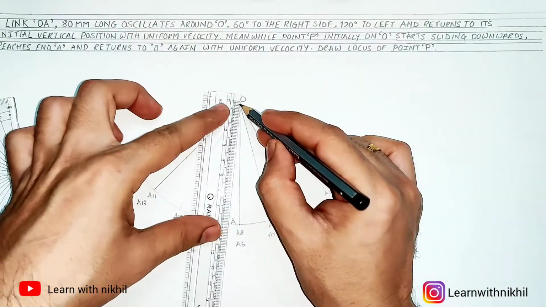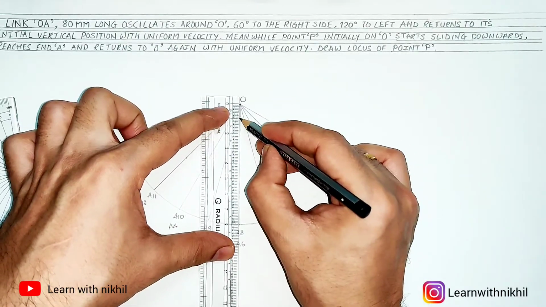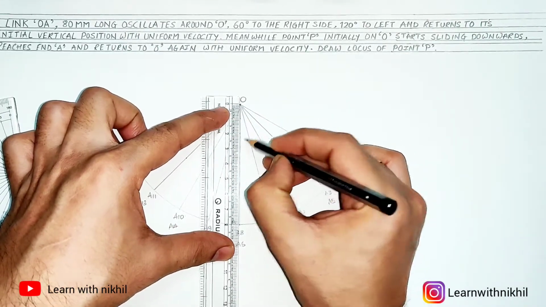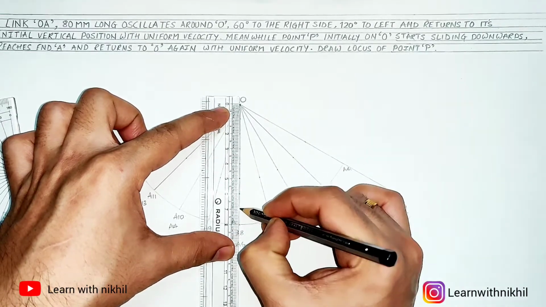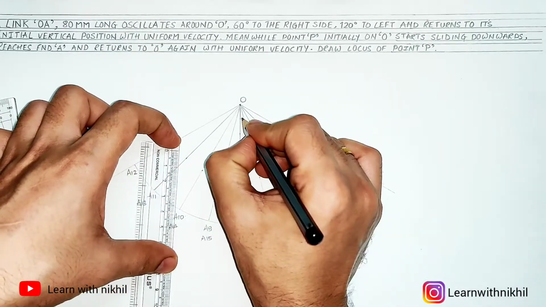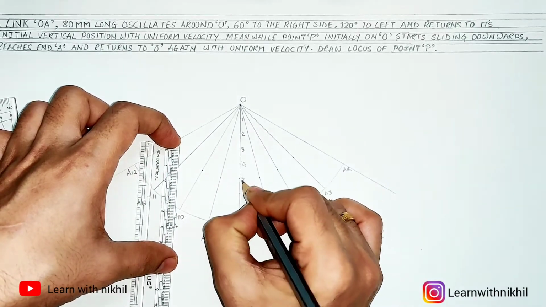So first we will divide this line into 8 equal parts. You can divide this into more equal parts also. But as the total length is 80 millimeter, I am considering to divide it into 8 equal parts. Marking them as 1, 2, 3, 4, 5, 6, 7, 8.